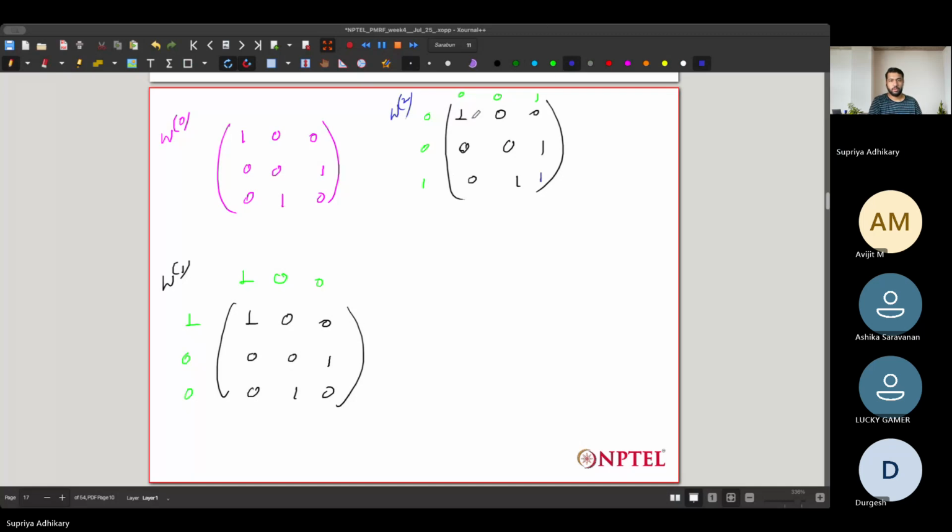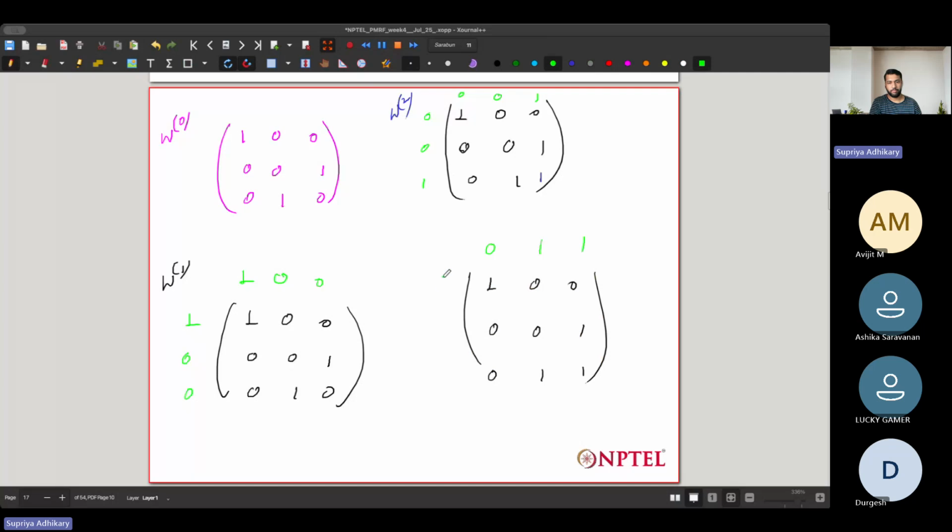Now, there should not be any other update over here. So again, we copy this matrix for computing W3. So 1 0 0 0 0 1 0 1 1. Now we have to take into account the third row and third column.